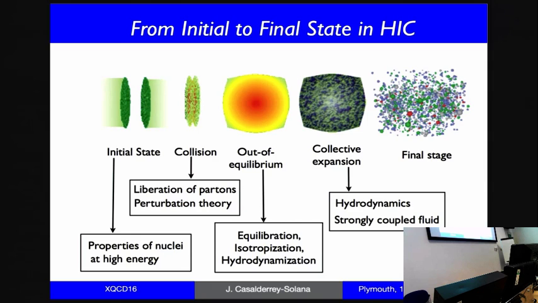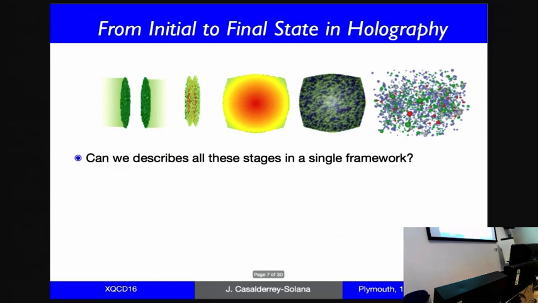However, what I'm going to explore today is a game in which, in a certain set of theories, we can describe the whole process from initial state to final state in one framework, without using different approximations for the different regimes, and try to explore how this process happens in the system.